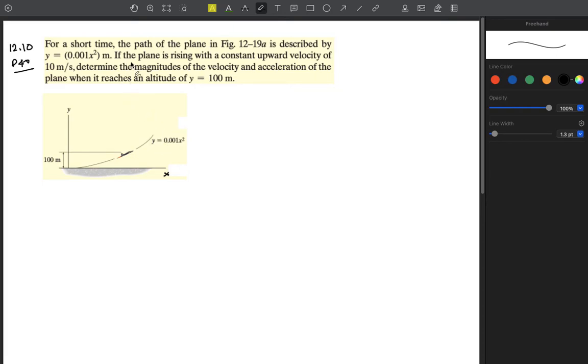So, the plane is rising with a constant upward velocity of 10 meters per second. That means that the velocity in the y direction is known. That upward velocity is 10 meters per second, so this is constant.